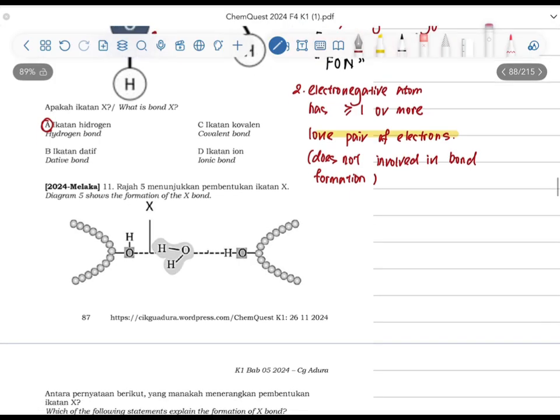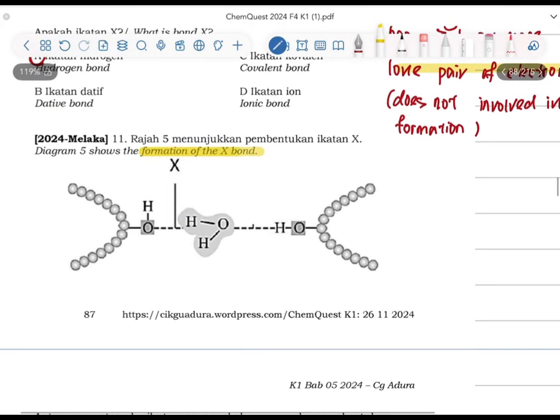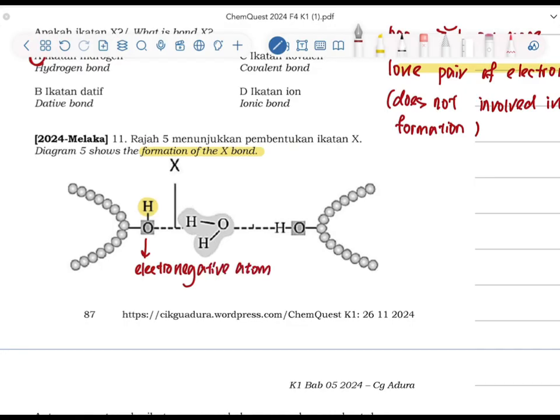Okay, next question. Diagram 5 shows the formation of the X bond. Let's look at this diagram. We have the hydrogen atom, and we have this electronegative atom as well. This is another water molecule as well.